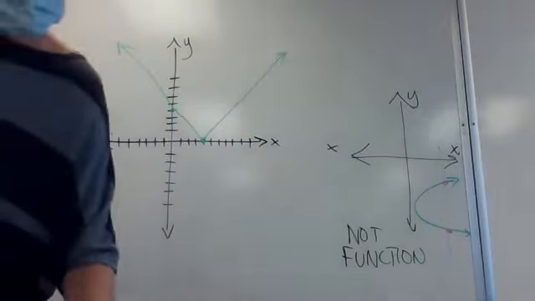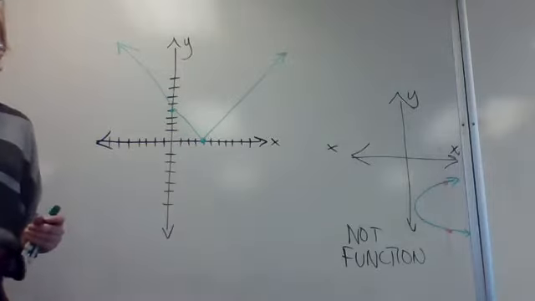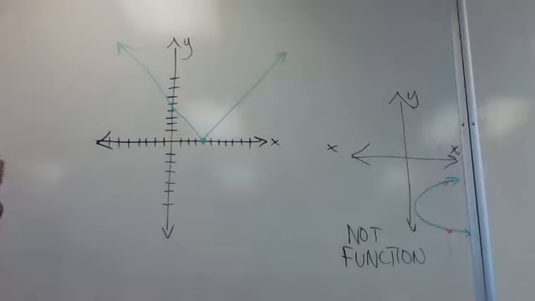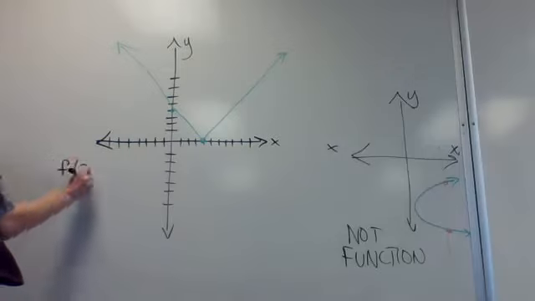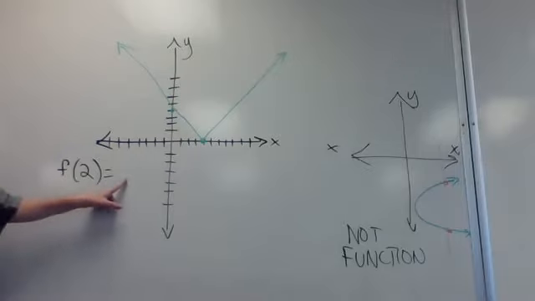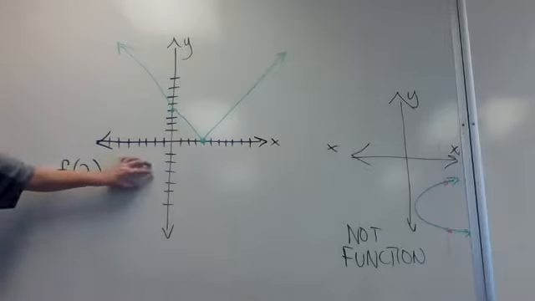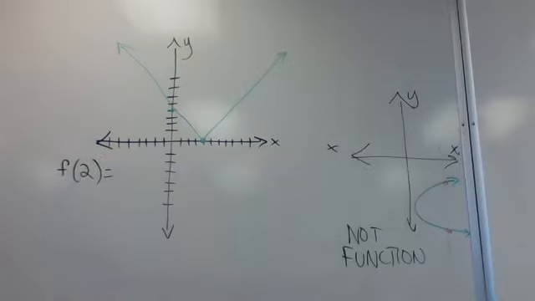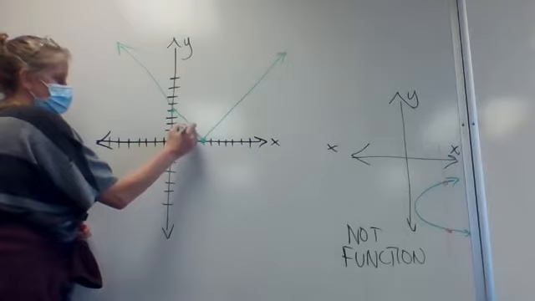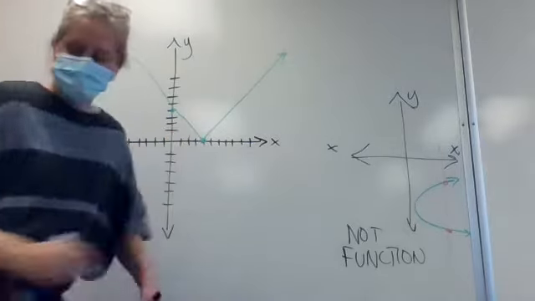Okay, so it looks something like this, and it's going to ask us 4 different questions. The first thing it's going to ask me is, what is f of 2? Now remember, what's in the parentheses is your x. So what this is asking me is what happens on the graph, or what is this y when your x value is 2. So let's see, if I go to 2 on the x-axis, which is right here, and then draw, hang on, let me make sure I do this right.